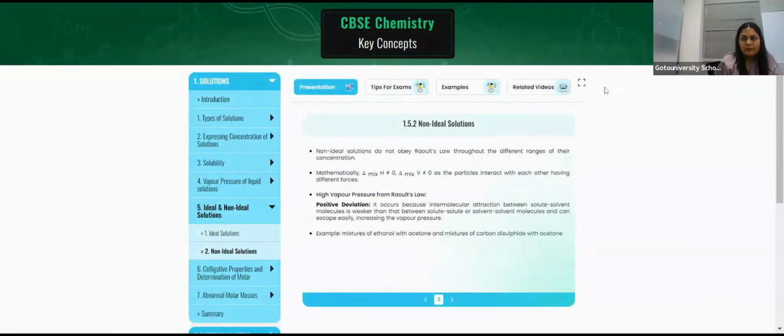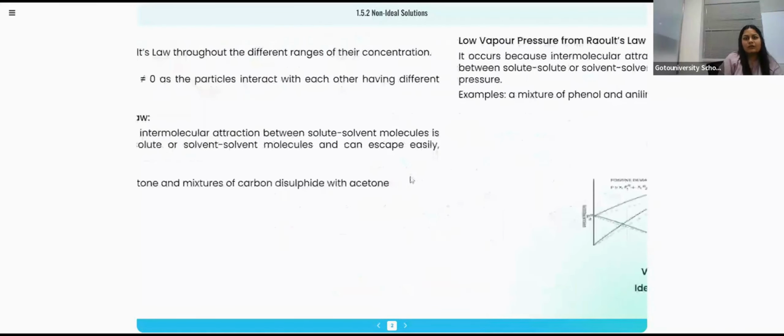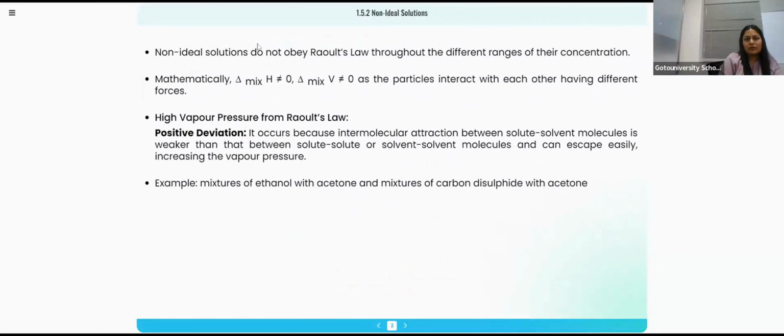What are non-ideal solutions? They do not obey Raoult's law. Opposite to ideal solutions, their change in enthalpy is not equal to 0, and the change in volume is not equal to 0. Plus, there are two types of deviation shown from Raoult's law, positive deviation and negative deviation.